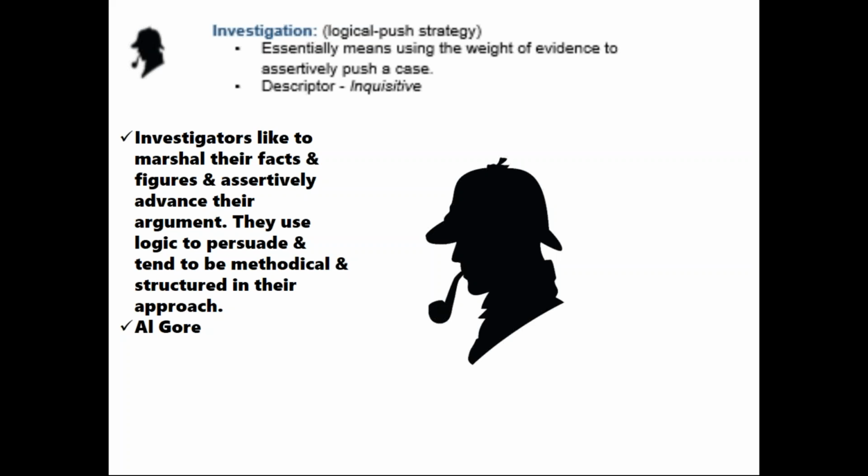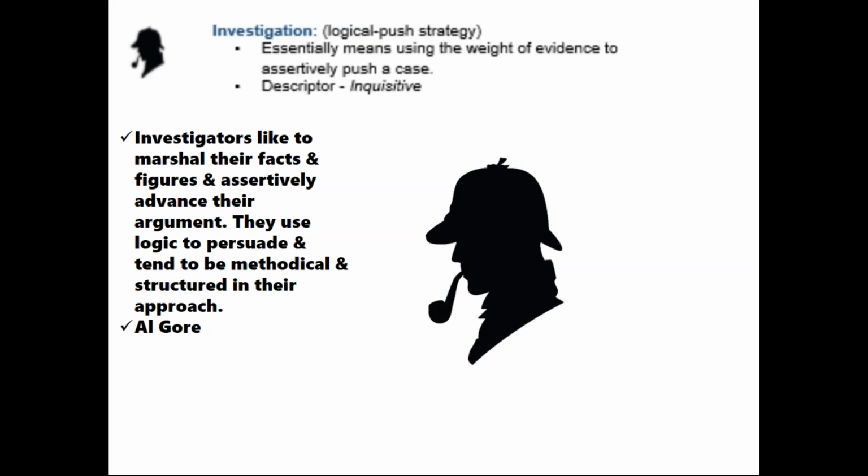All right, so we've got the investigation, as you know, that's in the top left-hand corner. Investigation is a logical pull strategy. So investigators, as the term might suggest, like facts, like figures, like to assertively argue their point.